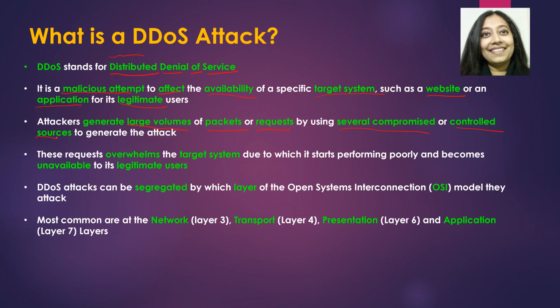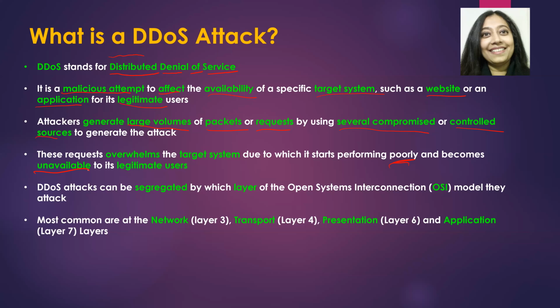Now, as a result, when such large volumes of packets or requests are generated, it overwhelms the target system. The system that is under attack is the target system, due to which it starts performing poorly and becomes unavailable to its legitimate users.